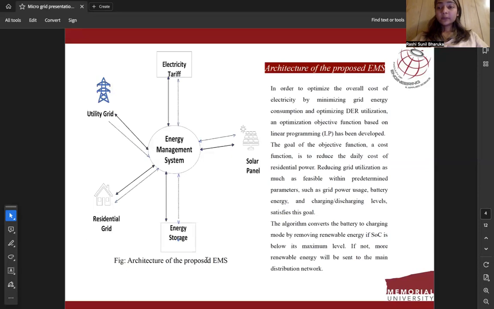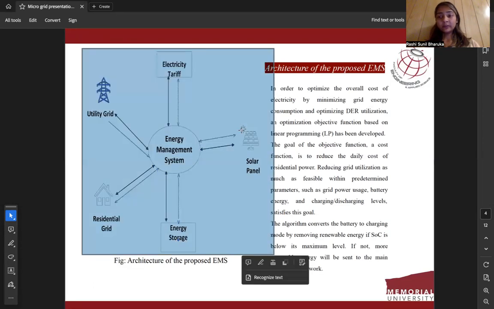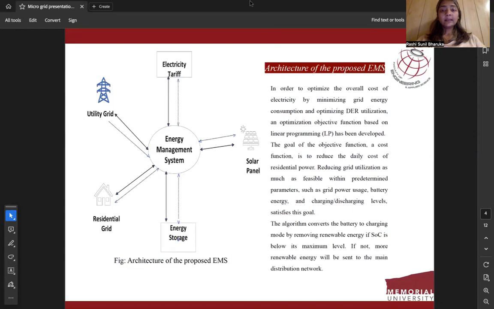This is the architecture of the proposed energy management system. Here we have solar panels, which produce power that is stored in the battery.